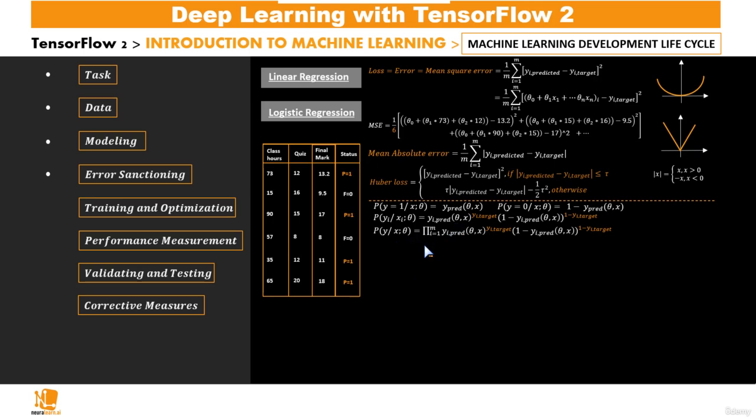So in this case, we'll want values of theta such that the probability of having y target equal to 1 will give us a value of 1. And hence the probability of having a y target of 0 will give us a value of 1 minus 1, so here we're going to have 0.